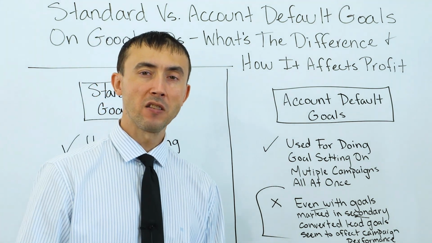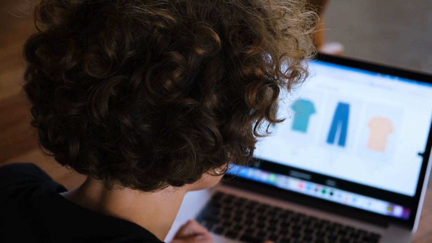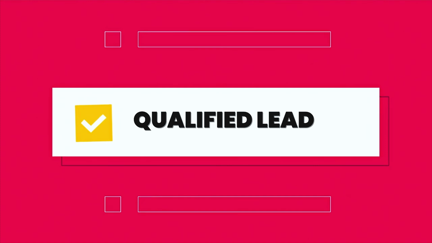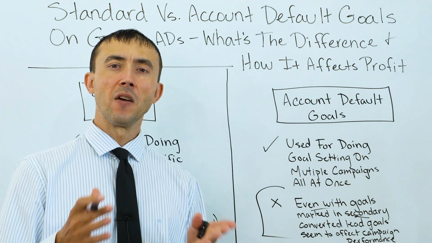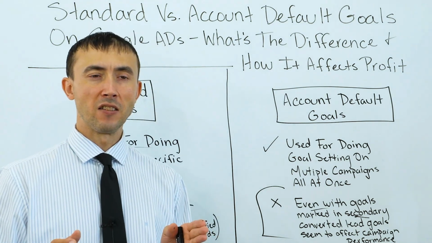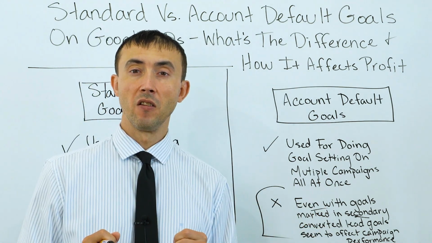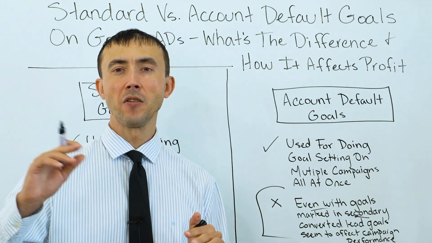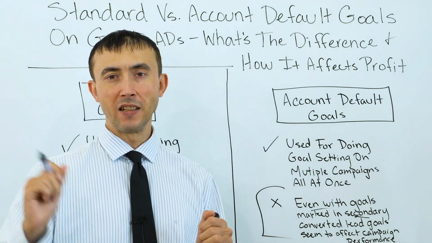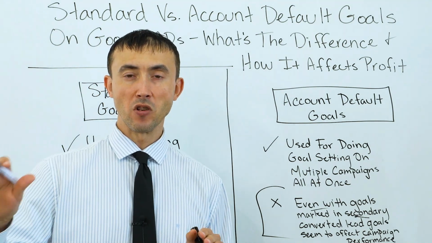But what we found out recently was we had an e-commerce account where we had a particular set of goals marked as a qualified lead offline conversion goal versus a converted lead offline conversion goal, which the difference between those two are leads that were qualified versus turned into a sale. And we wanted to fix this situation by creating another goal that would track offline sales and have it set up as a converted lead versus a qualified lead, like we should have had in the first place.